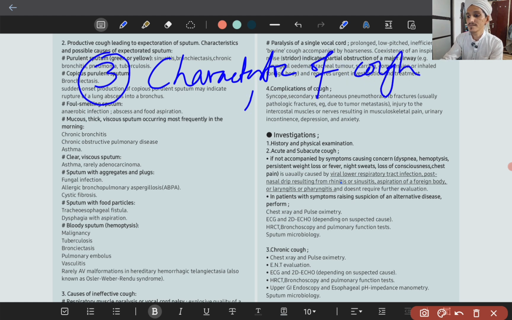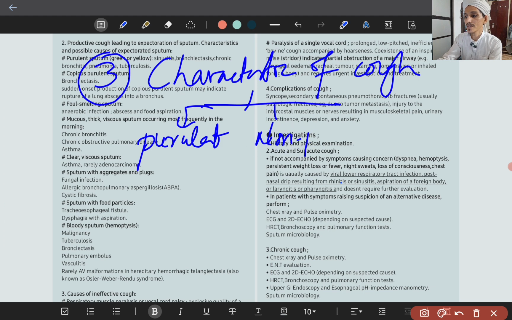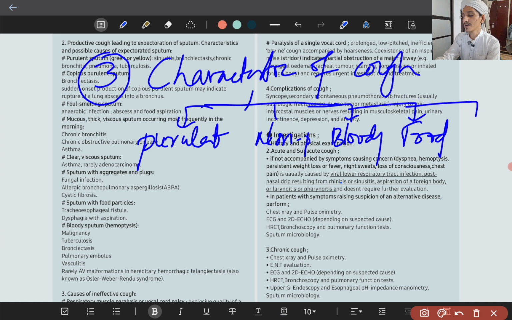Whether it is purulent, whether it is non-purulent, whether it is bloody, whether it has food particles in it, and whether it has some aggregates, fungal aggregates.